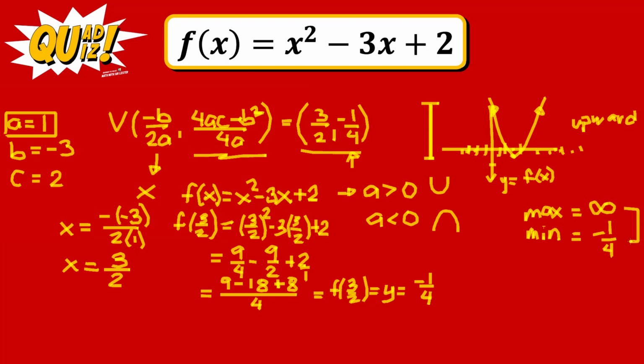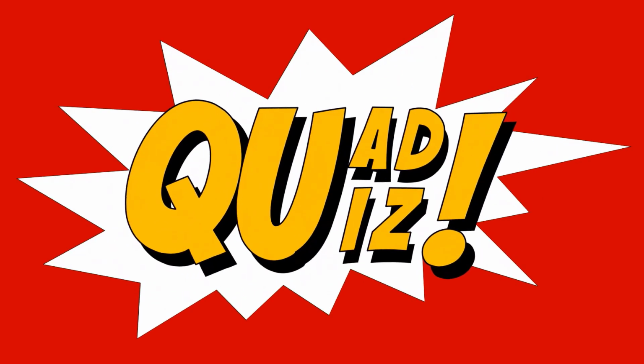These two were made possible, analyzed by the concept of your concavity as it opens upward and the y-coordinate of your vertex we solved earlier. Again, no need to worry about the fractions, just simply work it out and review for that. These are the three concepts and answers for this QuadQuiz.